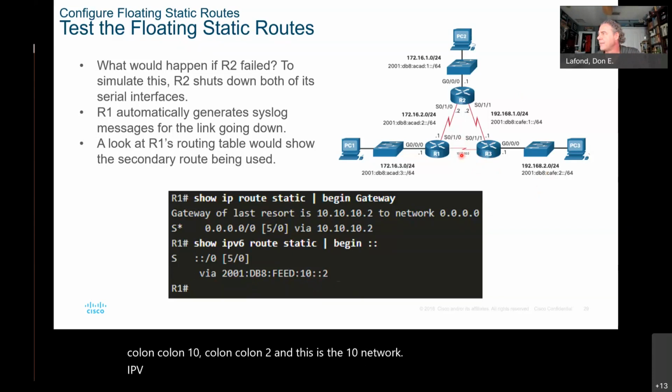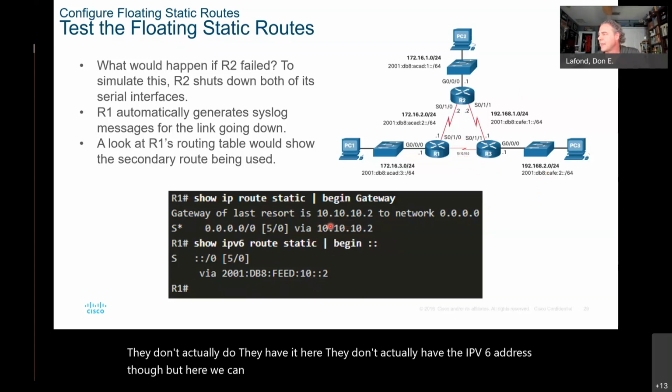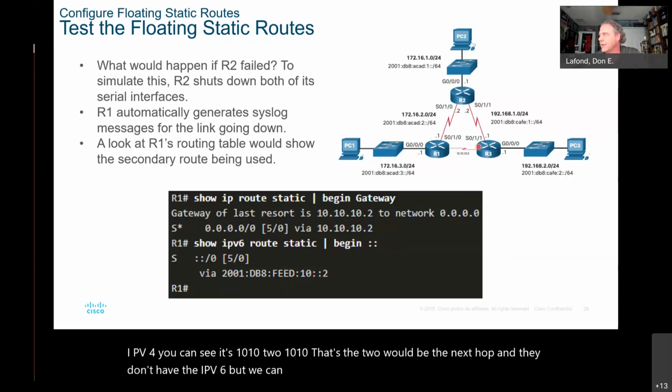For IPv6, they don't actually have the IPv6 address there, but here we can see the IPv4. You can see it's 10.10.10.2, and that 2 would be the next hop. They don't have the IPv6, but we can assume it's the 10 network, and it would be here.